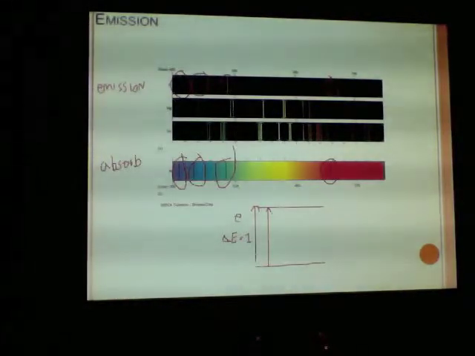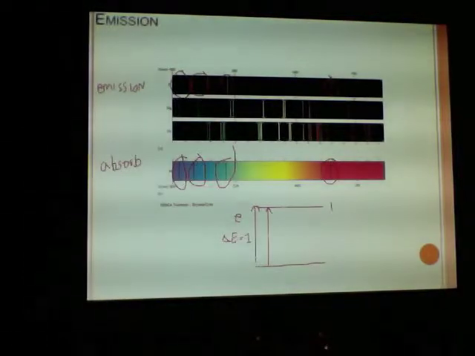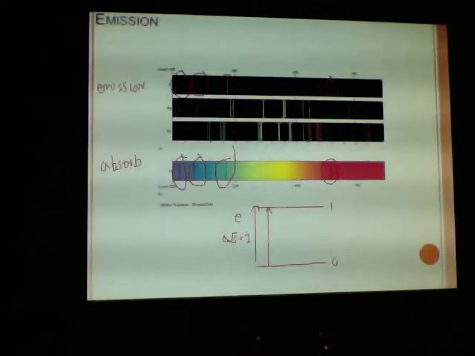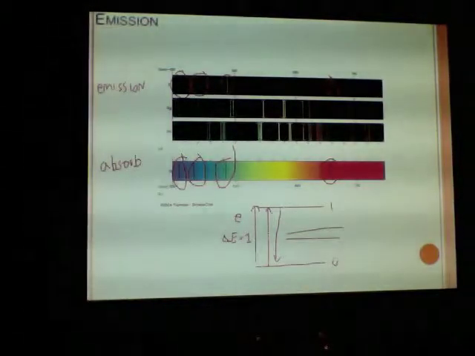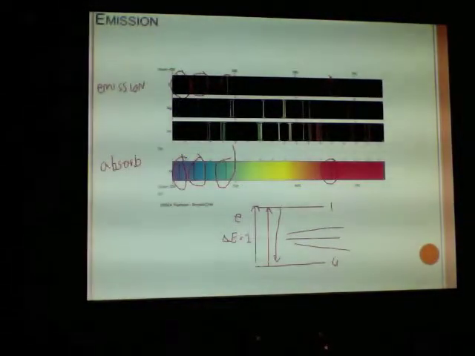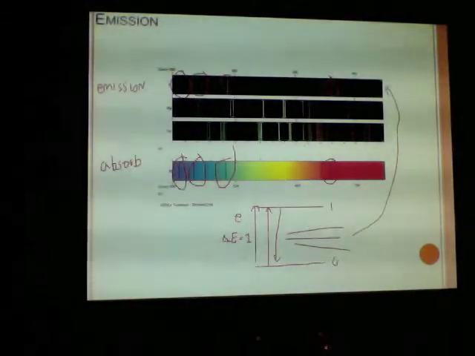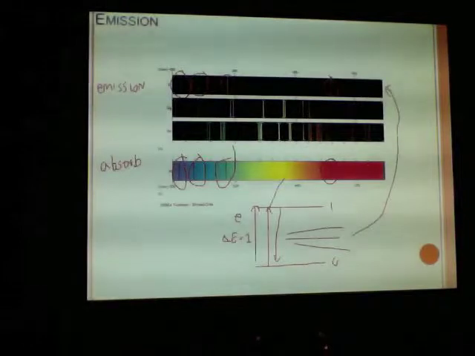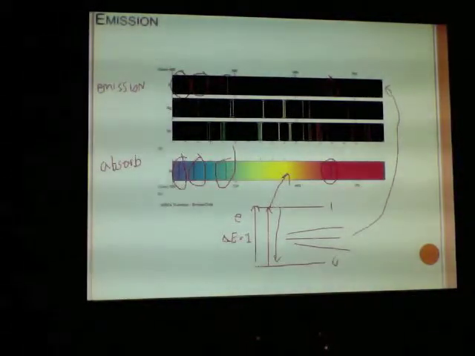Remember, energy is increasing as you go up to the next level. This might be level 1, this might be ground state. Now, it releases the same amount of energy. So we're looking at releasing, we are looking at this, and for absorbing, we are looking at this, right? So it will be the same energy absorbed as it will be released.